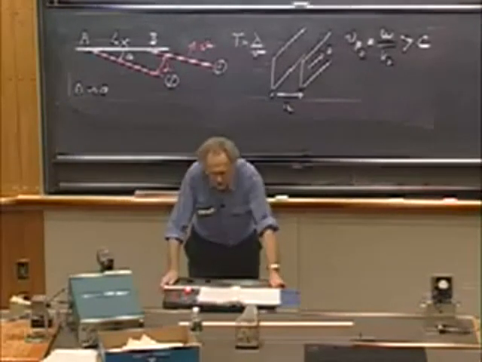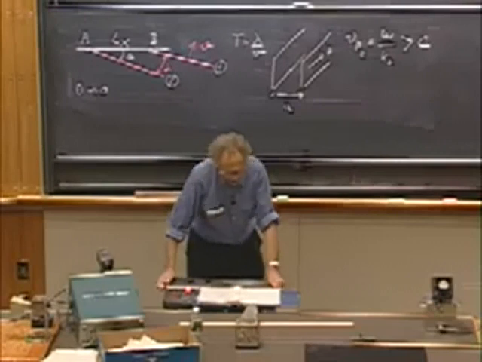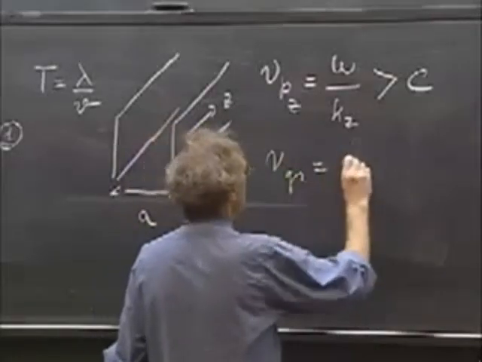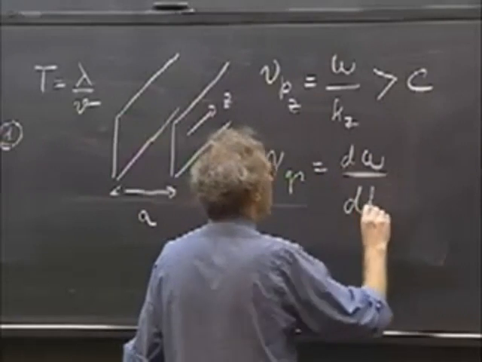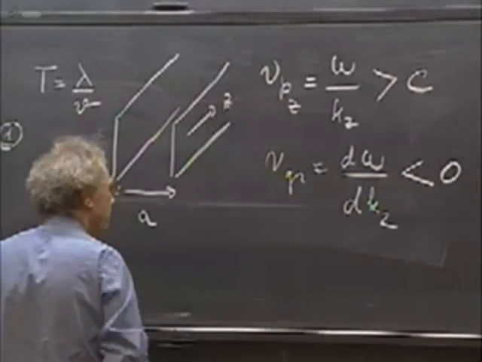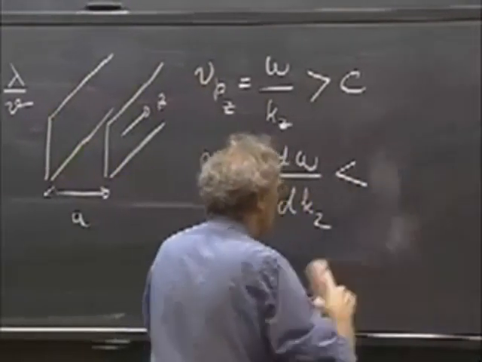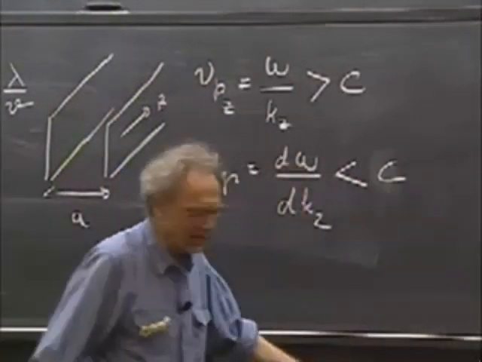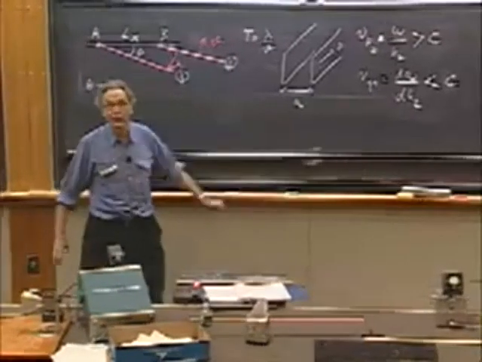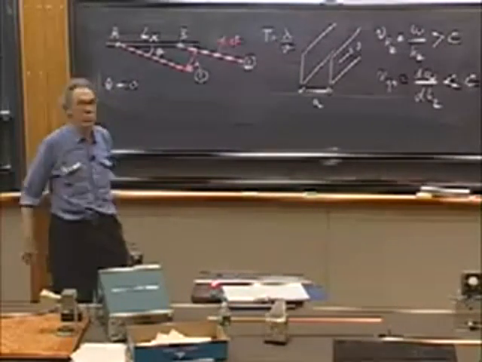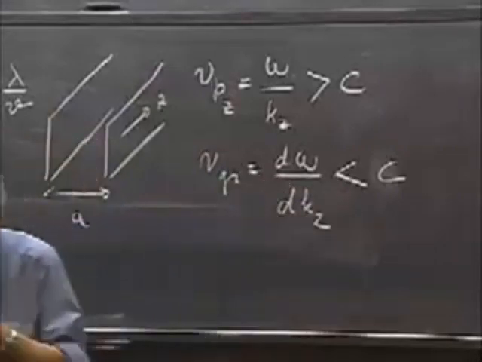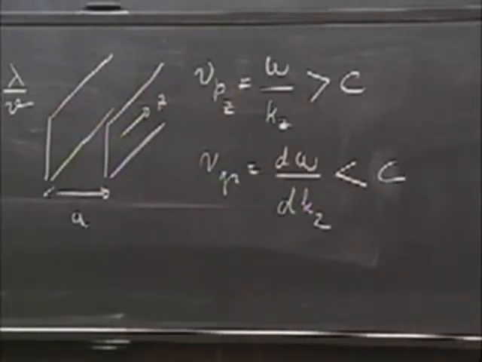In fact, the energy flow is with the group velocity, which is d omega dk z, and that was always less than c, as you perhaps remember. Not zero, my enthusiasm is getting carried away, it's less than c. And remember, at the cutoff frequency, where no longer radiation would go through, this phase velocity went to infinity, and the group velocity went to 0.